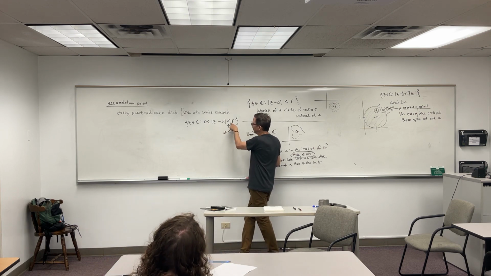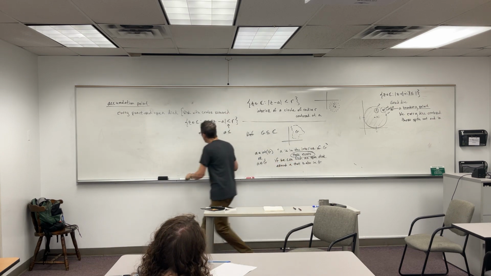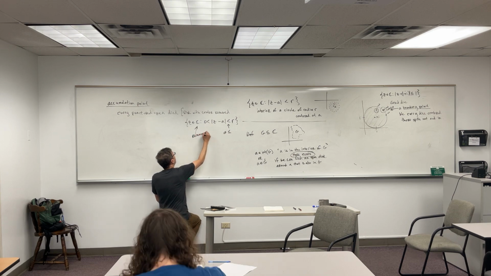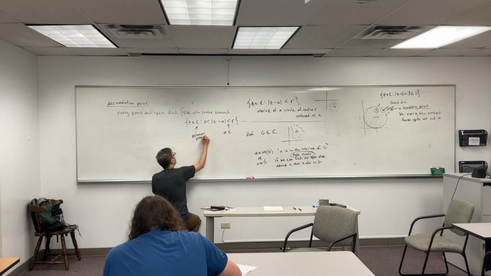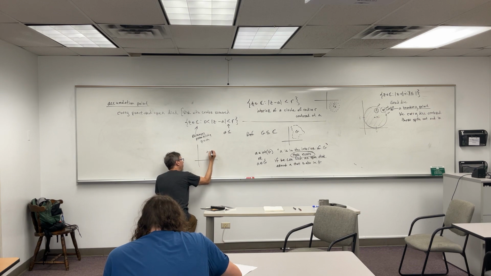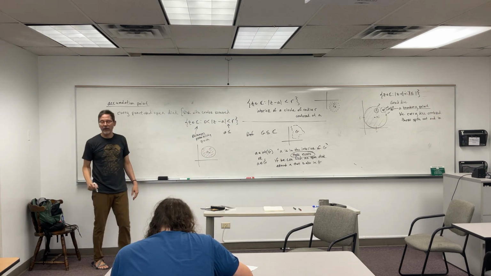If you wanted open, you leave it like that. But what this does is it removes the center. It removes the possibility that z equals a. So punctured disks look like this. Here's a, I do like a little open circle, and that's a right there. So it's everything in that disk except the center.